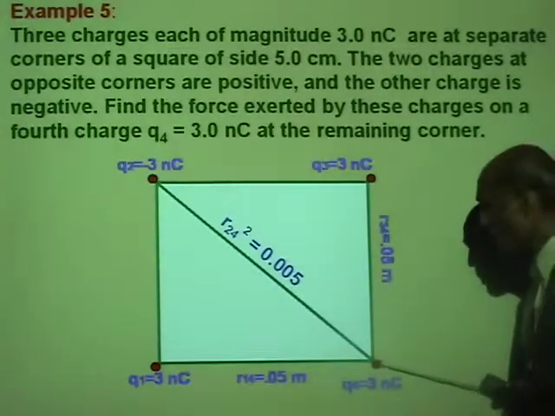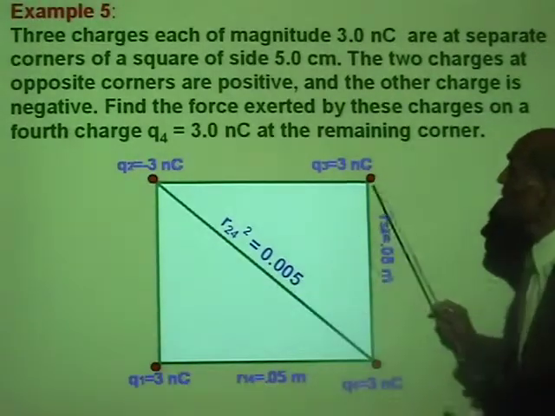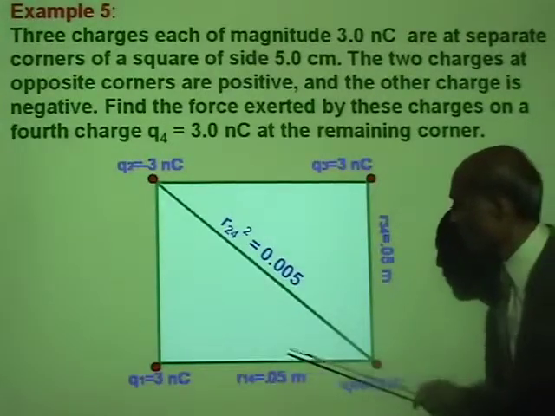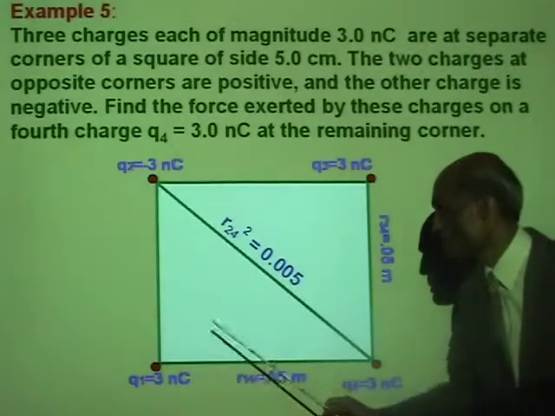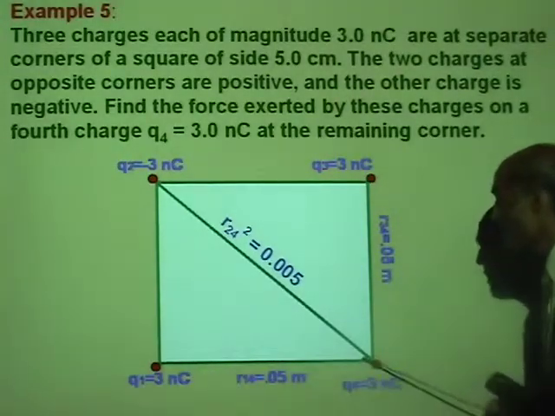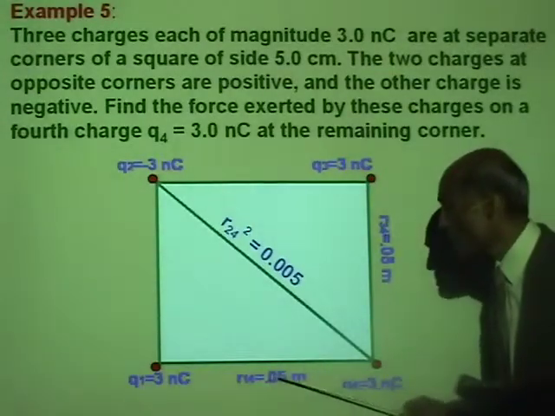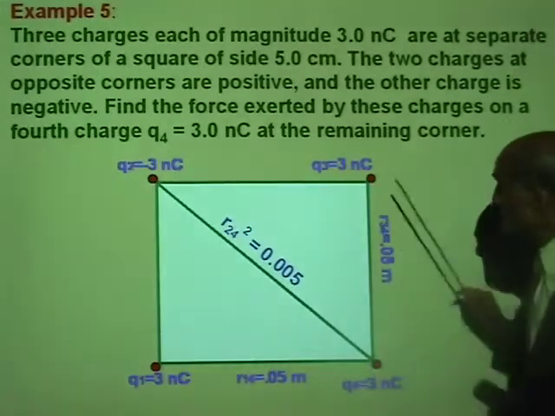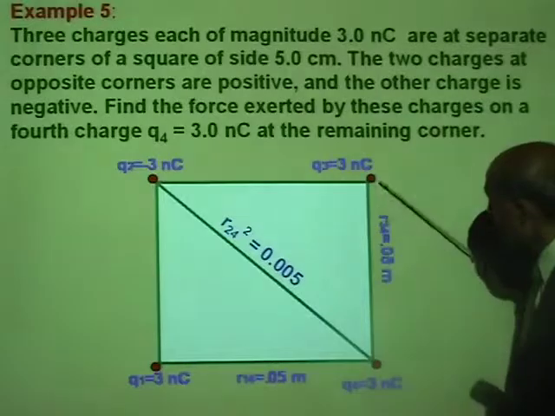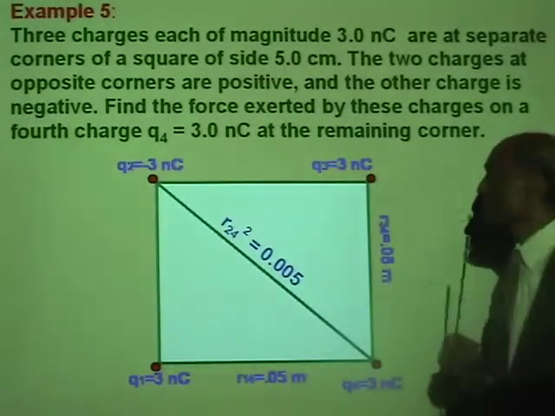We are looking for the force on Q4 by each of these. So, tell me, what is the distance of Q4 from Q1? We call it R14. It is the length of the side of the square, which is 0.05 meter. Similarly, the distance of Q3 from Q4 is R34, also 0.05 meter.